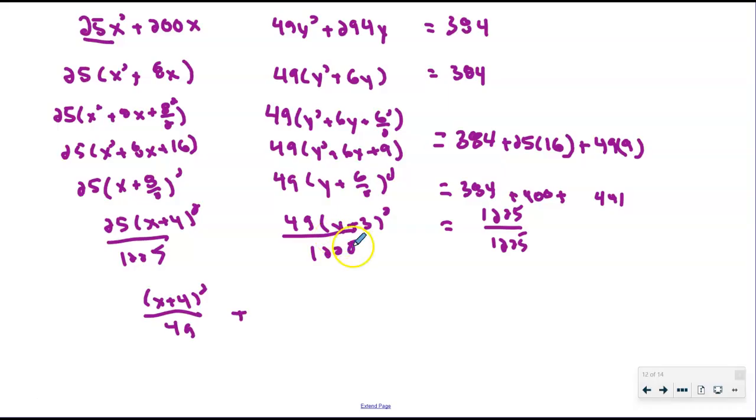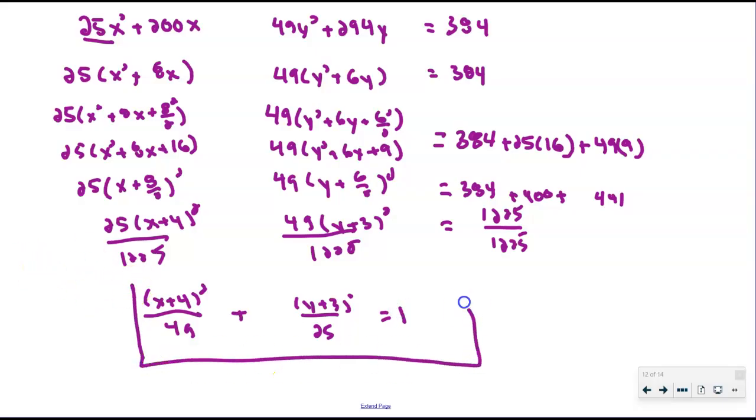And then y plus 3 squared over, 49 goes into 1,225 25 times, equals 1. So this would be your standard form of your ellipse, which you guys can use to find out what your foci are, what your vertices are, and so on.